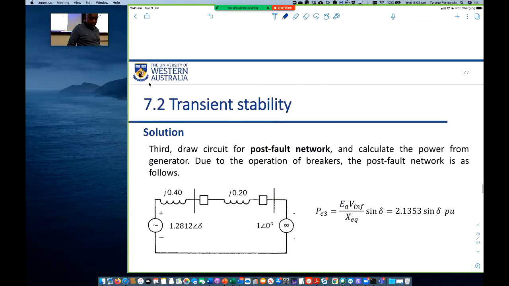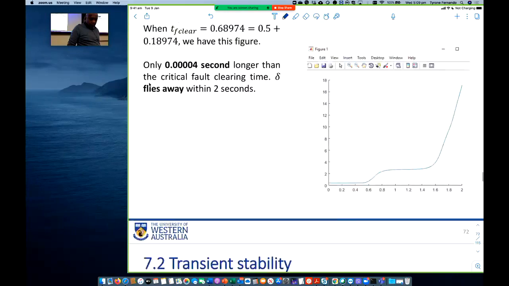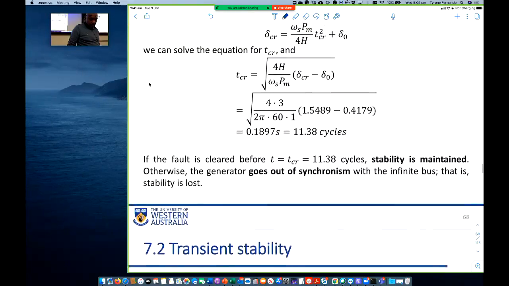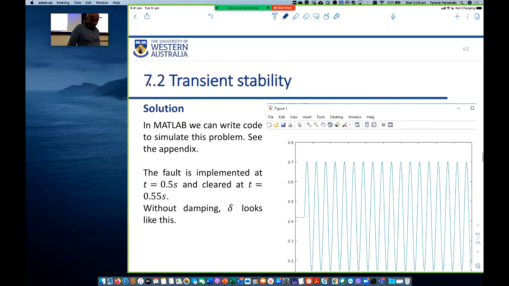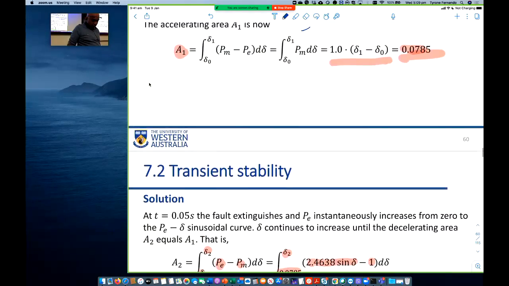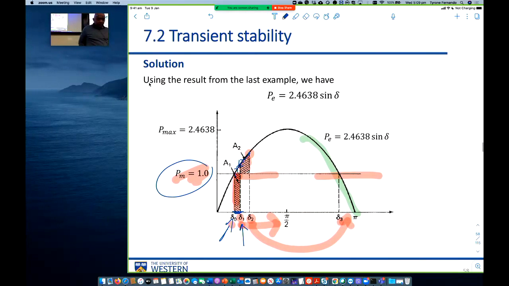Where we have the electrical power at 0. Which one? Slide 56, I think. Slide 56. We restored it. You restore it. How do we know when we restore it? You have to be told.